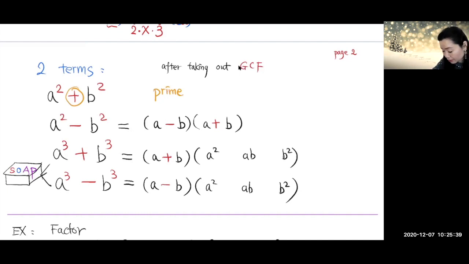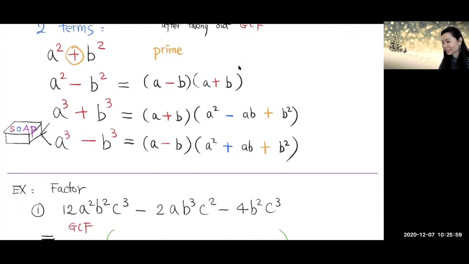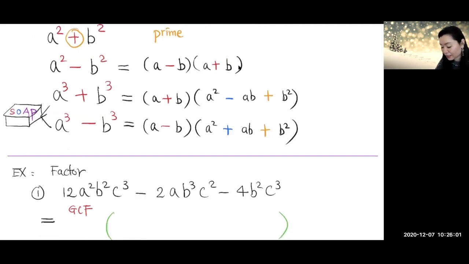Opposite sign here, so addition here will be subtraction. Opposite sign with subtraction here, this will be addition. And the last one is always plus over here. So this is a factoring strategy. Factoring is something you will use over and over when you take higher math, so it's very important that you know how to do factoring.